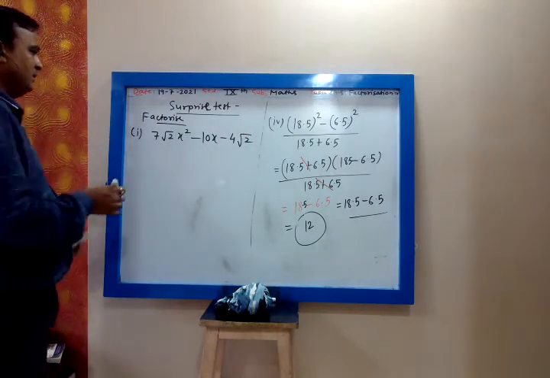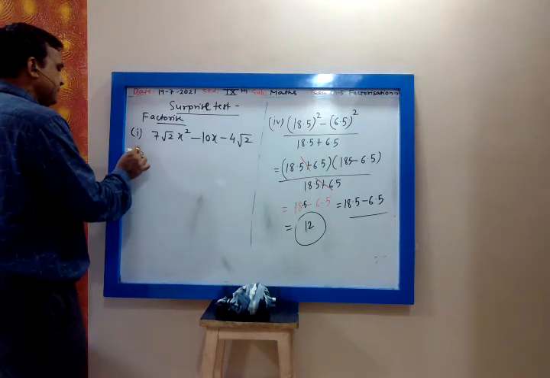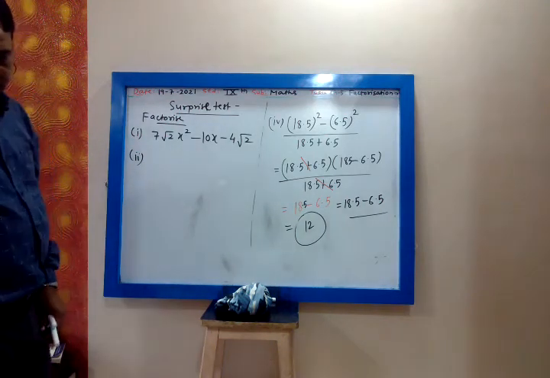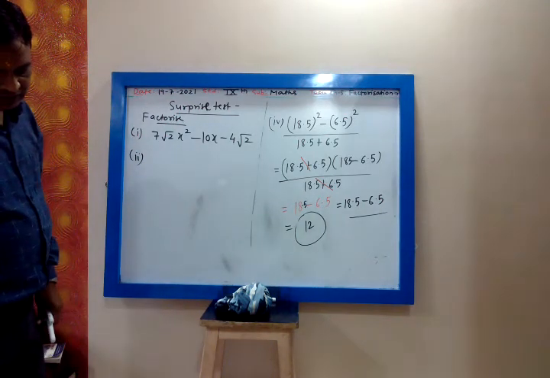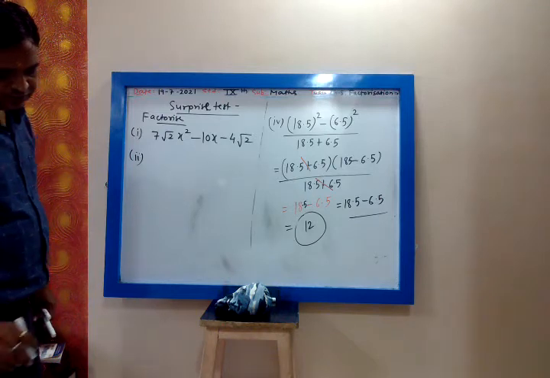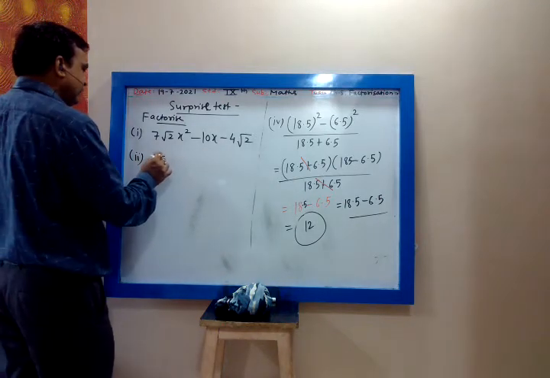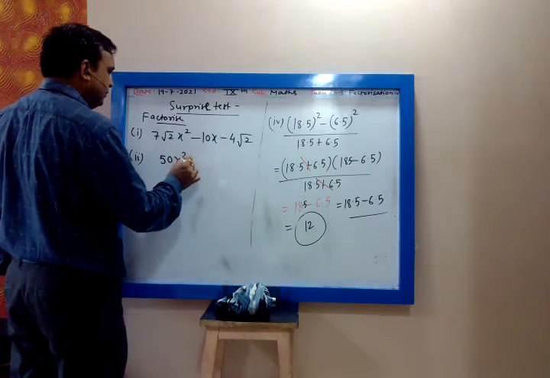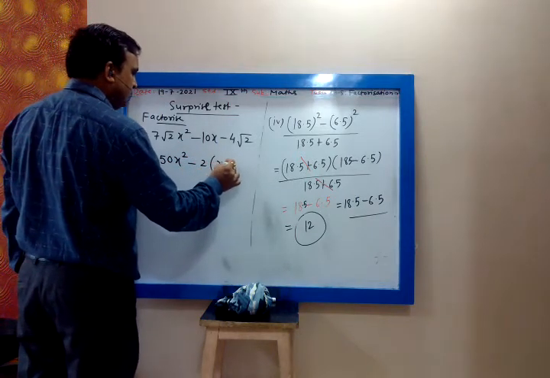Okay. Then second, 50x square minus 2 into x minus 2 whole square.